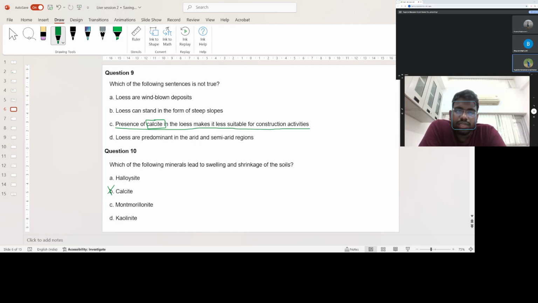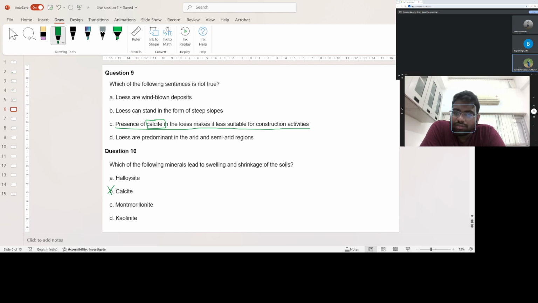Swelling and shrinkage are properties of clay minerals, and whatever you said was right. Montmorillonite predominantly leads to swelling and shrinkage. What about halloysite and kaolinite? Do they swell and shrink, or they don't, or is the magnitude smaller? Yes, I think they swell, but the magnitude may be smaller.